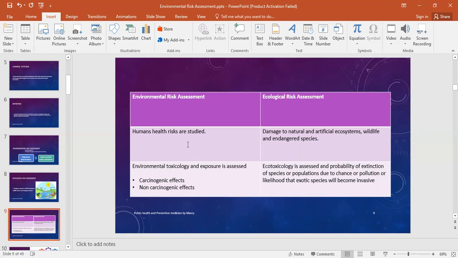In environmental risk assessment, human health risks are studied, environmental toxicology and exposure are assessed, and there may be a carcinogenic or non-carcinogenic effect. In ecological risk assessment, damage to natural and artificial ecosystems, wildlife, and endangered species is studied, toxicology is assessed, along with the probability of extinction of a species or population, or the likelihood that exotic species will become invasive.